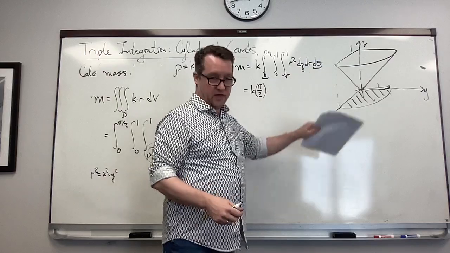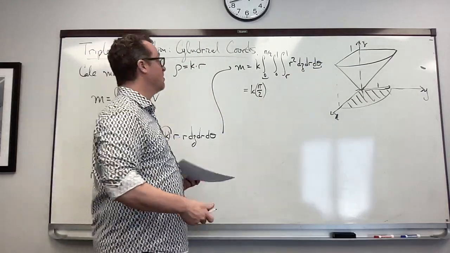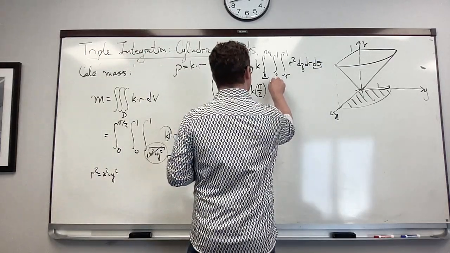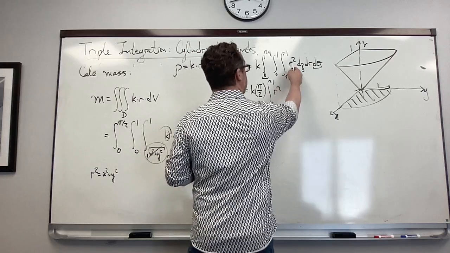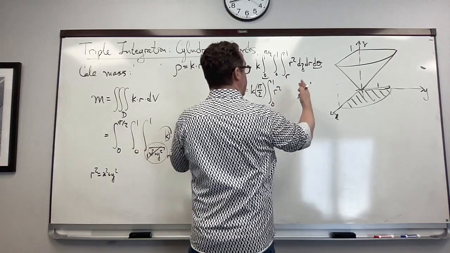Since nothing depends on theta inside here, we can do the theta integral on its own first. Okay. And I've got r squared, because that comes out of the z integral. And then I'm just integrating z.